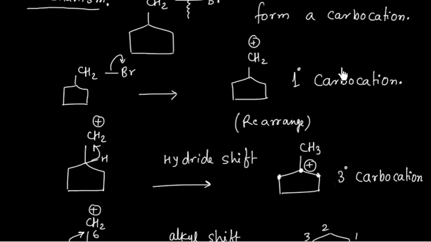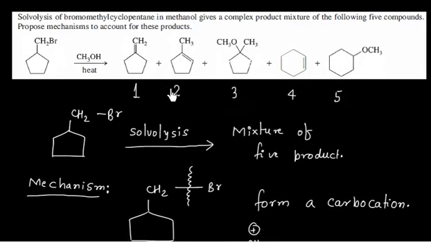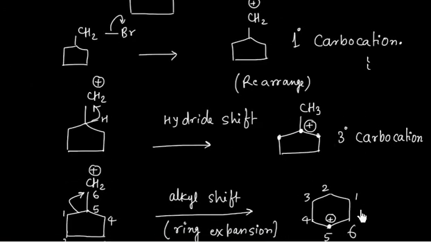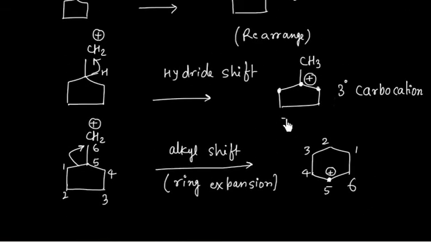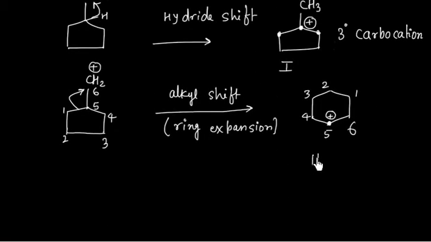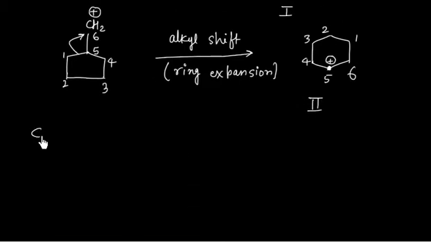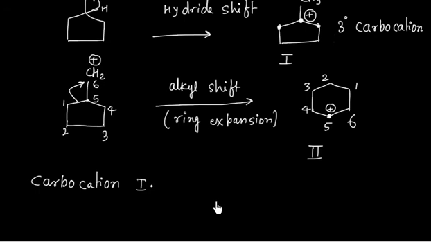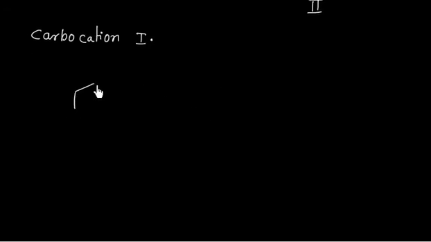Now the next products can be generated by these 2 carbocations. So let us first consider carbocation 1. Now if this carbocation loses H plus from here, it will generate an alkene.